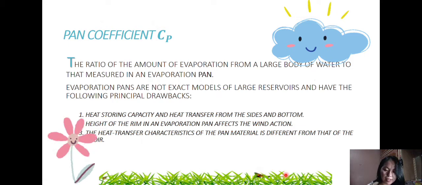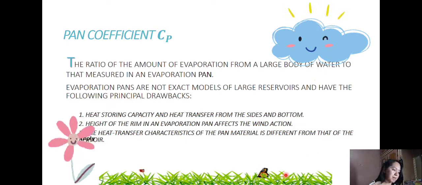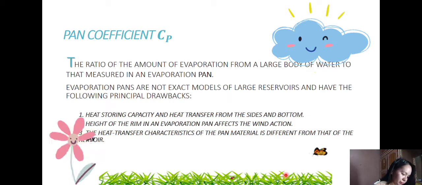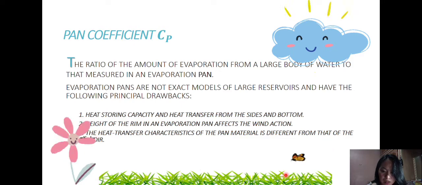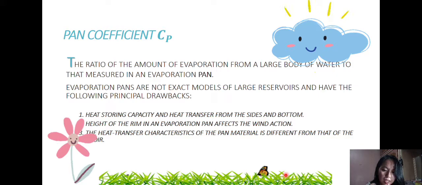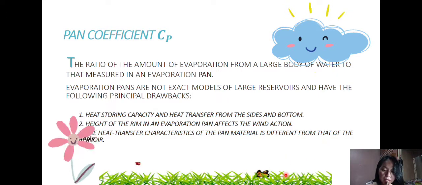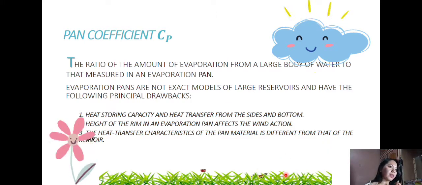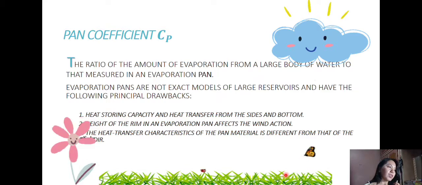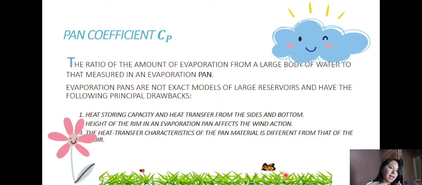Now, let's proceed to the pan coefficient C sub P. So, evaporation pans are not exact models of large reservoir and have the following principal drawbacks. So, the ratio of the amount of evaporation from a large body of water to that measured in an evaporation pan.